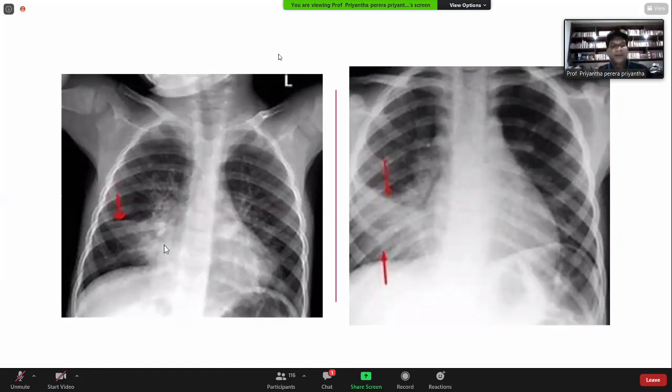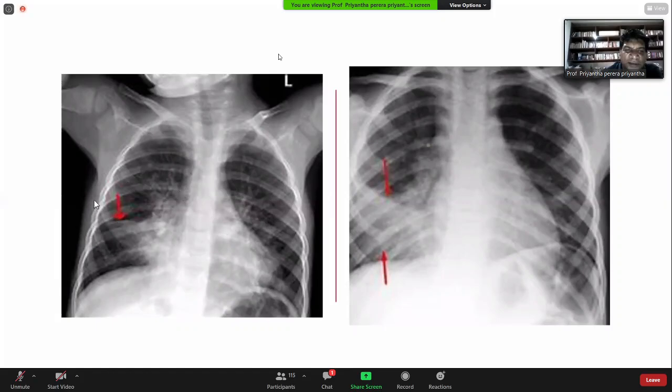So what I want you to remember is that the lung is a 3-dimensional structure, and you're looking at a 3-dimensional thing in a 2-dimensional plane. Right? So the right middle lobe is only anterior. It's not there posteriorly, right? So the right middle lobe corresponds to the area just lateral to the right heart border.